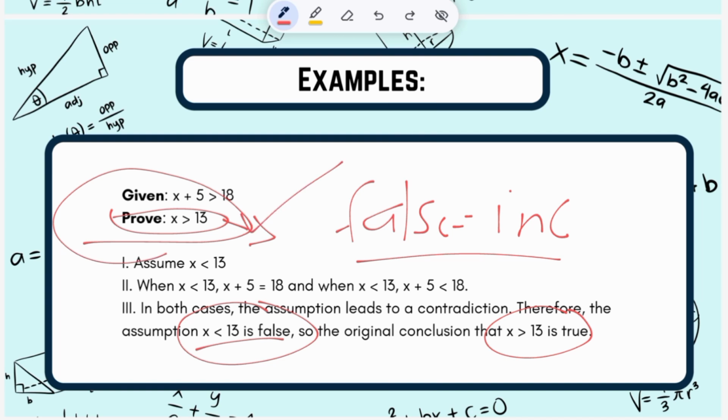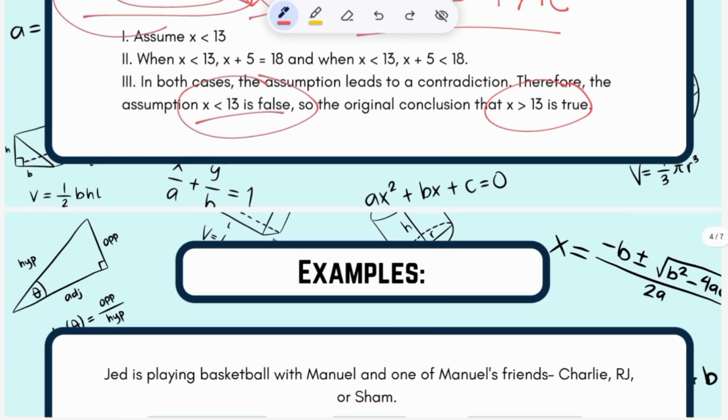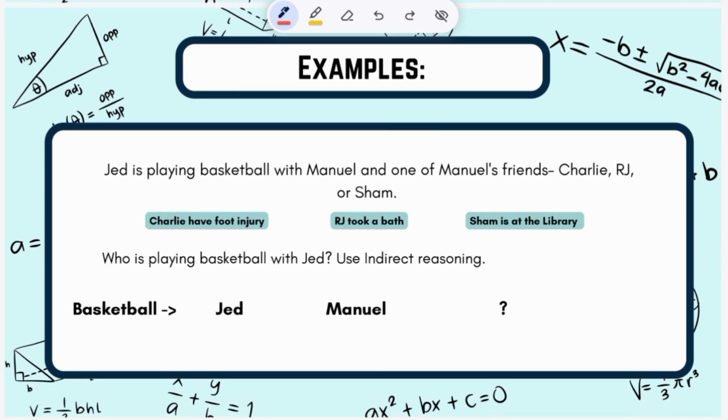So, the next example, we have Jed playing basketball with Manuel and one of Manuel's friends, which could either be Charlie, RJ, or Sam. So we have the description of these three friends. Charlie has a foot injury, RJ took a bath, Sam is at the library.